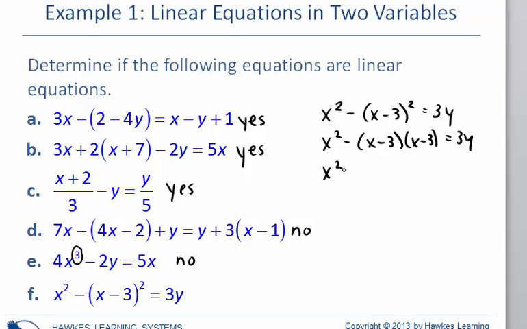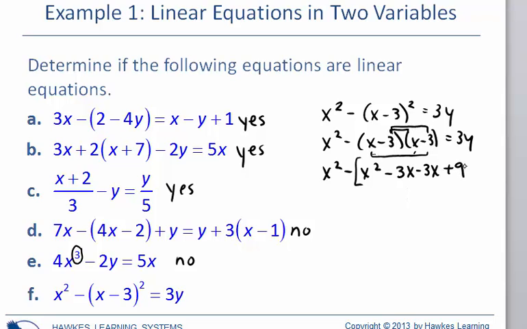I'm going to use my FOIL method to multiply the (x - 3) times itself. So first times first is going to give me x². The outside terms will give me -3x. The inside terms give me -3x.